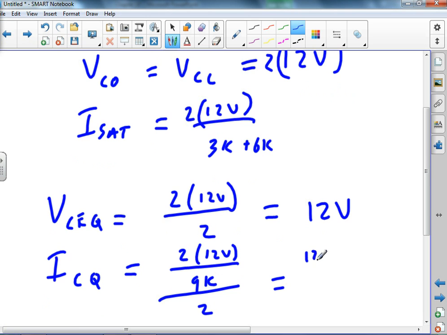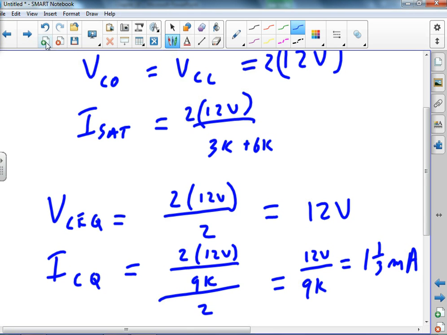So that'd be 12 volts divided by 9K. Oh, I wish I could do that in my head, but 12 divided by 9, 1 1/3 milliamp. Well, that's all there is to 45.